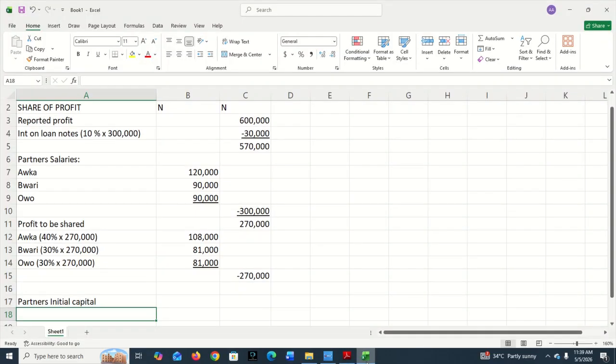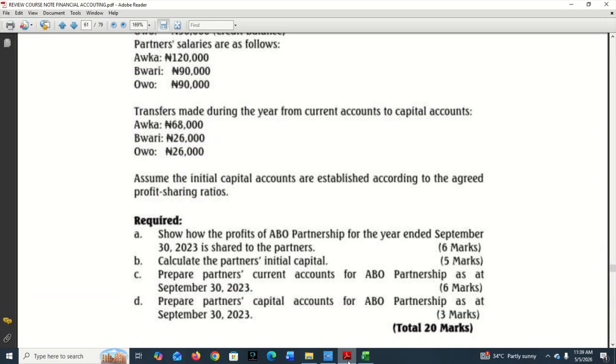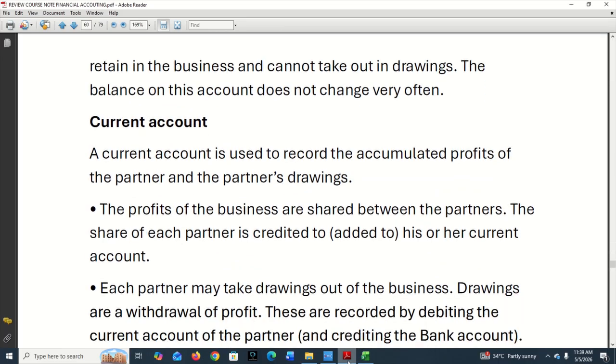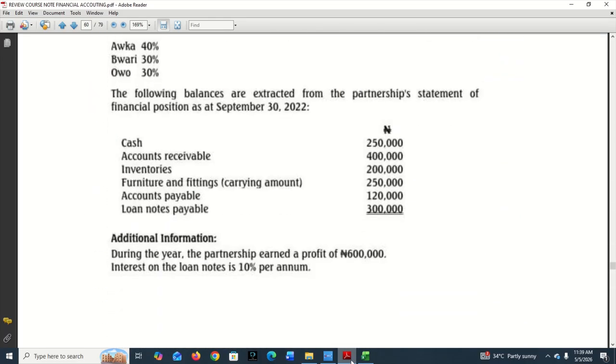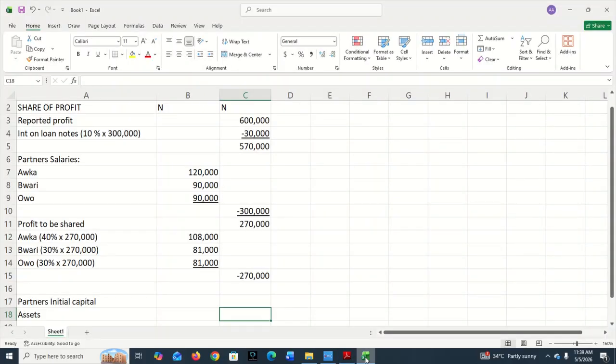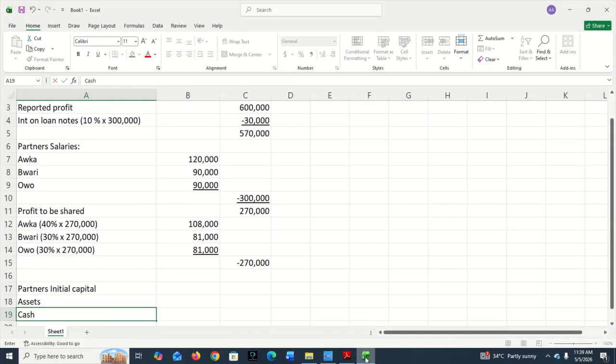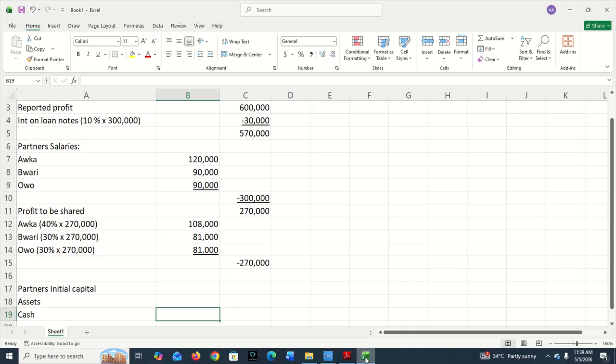So let's start from our assets. What are the assets that we have in the question? Let's start listing them. Assets, we have cash. Cash is how much? Let's write it down. Cash is 250,000.